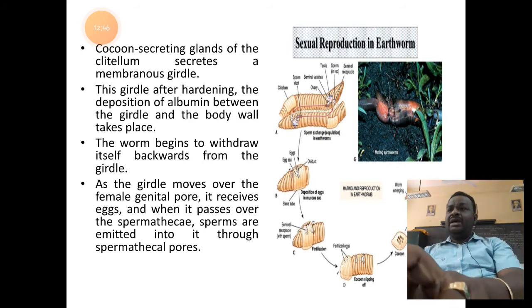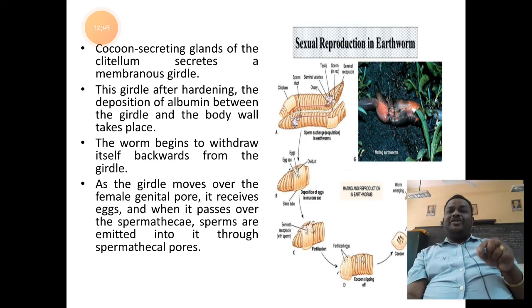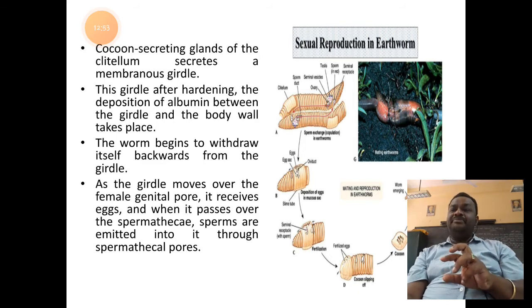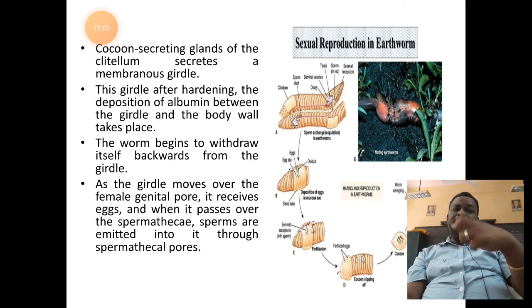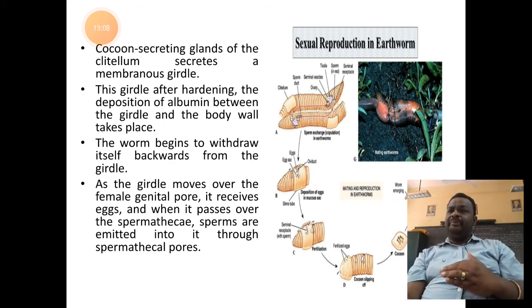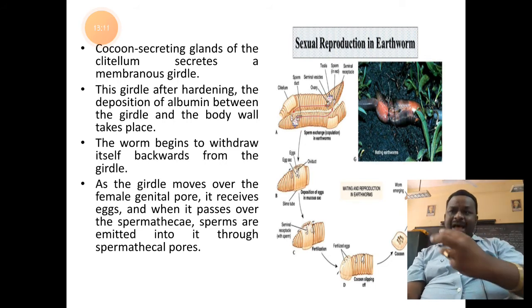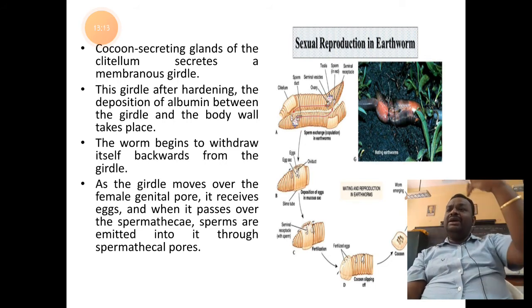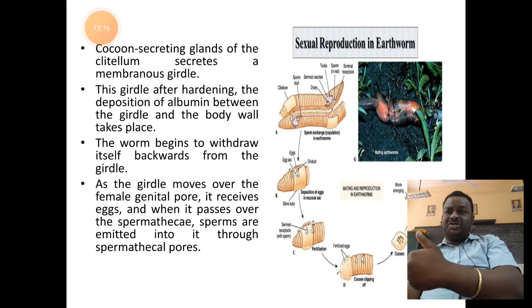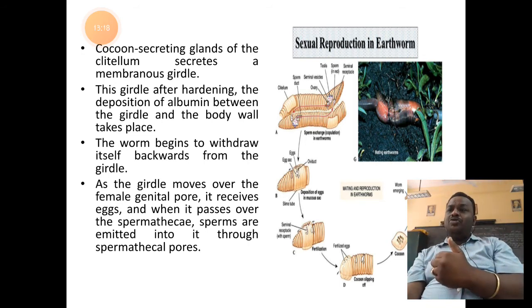Okay. Now, the female genital aperture, which is seen in the 13th segment, will now start depositing its eggs into this clitellar girdle. So, into that outer cover where the albumin is secreted, the eggs are also deposited. And later, as the organism moves down, the spermathecal pores are reached, and these spermathecal pores will throw their sperms into the same structure.